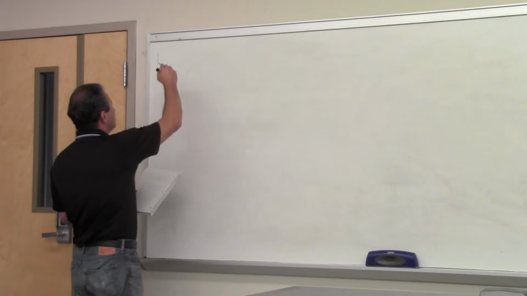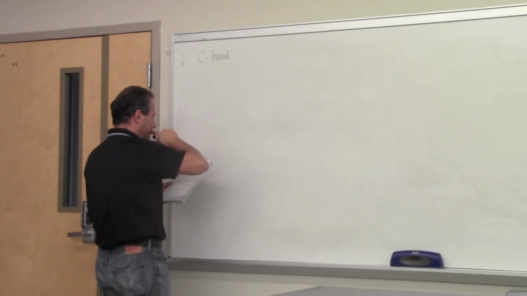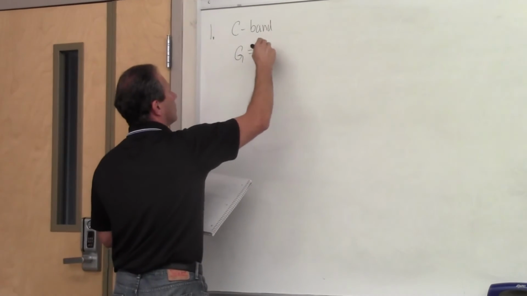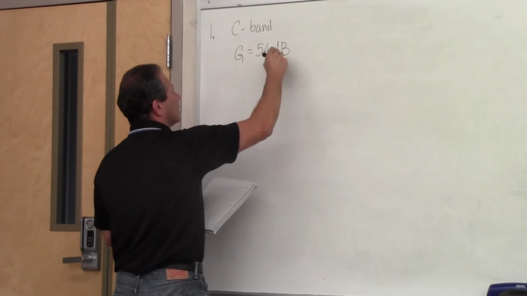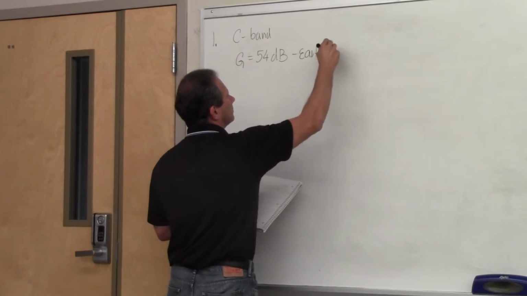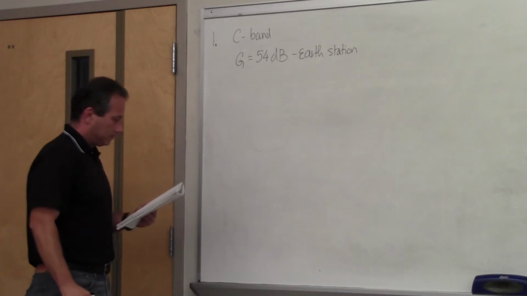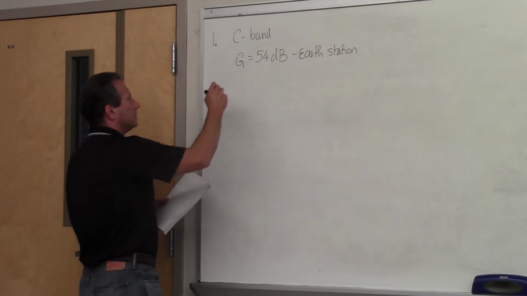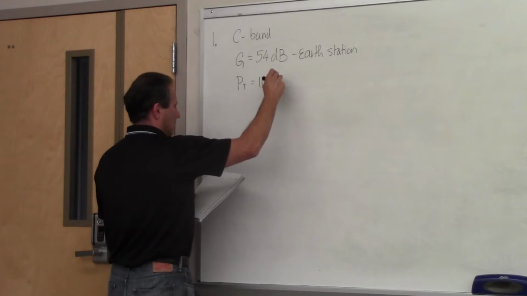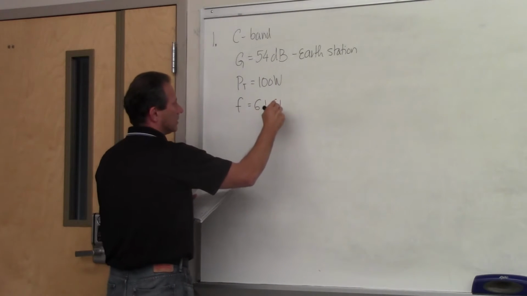It says a C-band Earth station has an antenna gain equal to 54 dB. The output power is set to 100 watts, and the frequency of operation is 6.1 gigahertz.